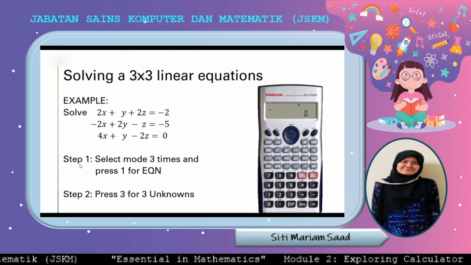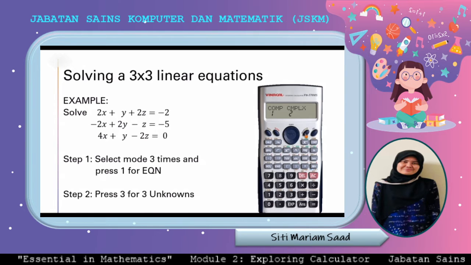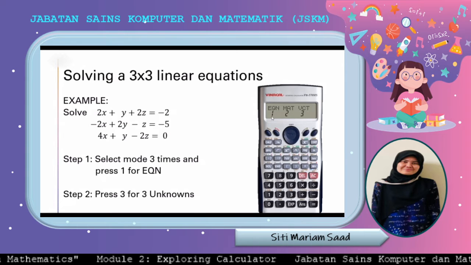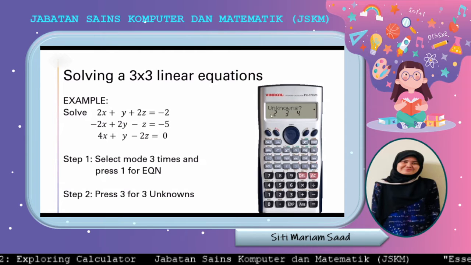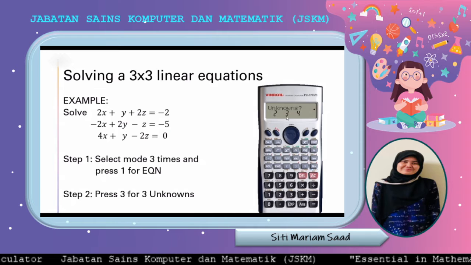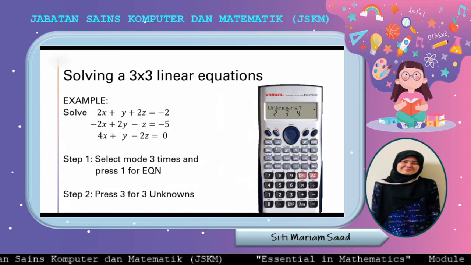In the first step, press the mode button 3 times, then press 1 to select equation. Since there are 3 variables or unknowns, we need to press 3 for 3 unknowns.